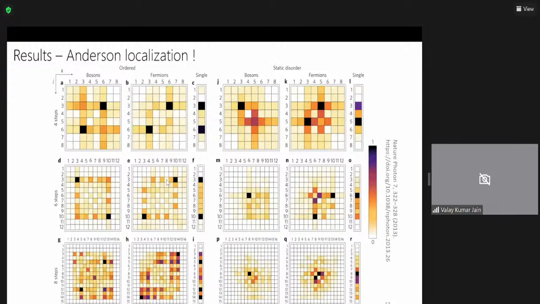We have worked out the experiment, and these are the results that we get. Absolutely beautiful. First of all, let's talk about the ordered case. When the system is ordered, I do not introduce random phase shifts. Everything is pretty much perfect. What I see is that when my initial wave function is symmetric in nature, when it is behaving bosonically, I suppose I inject 2 photons.